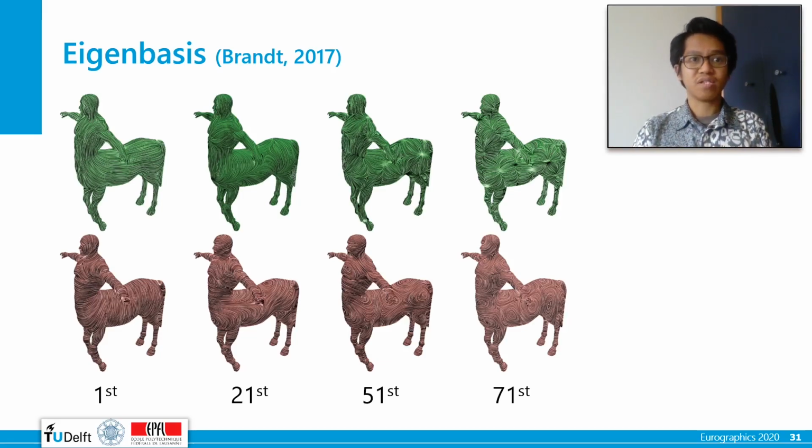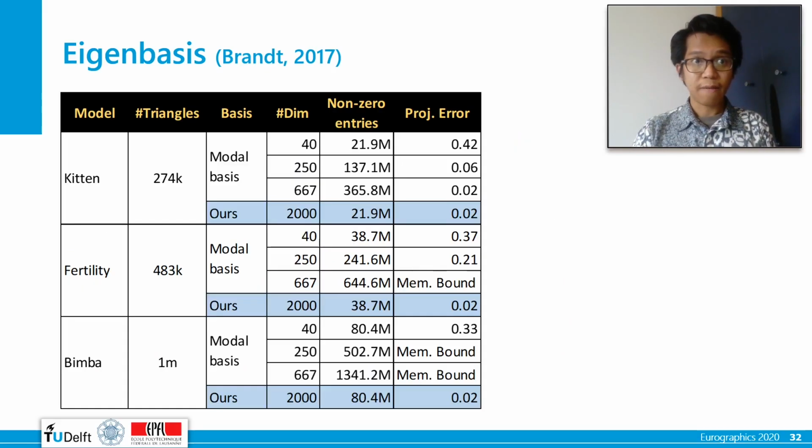And once they solve it, they use the eigenvectors as the basis for tangential field design and processing. Despite being powerful in approximating smooth fields, they require computing and storing dense eigenvectors of large models, and this limits the applications of the eigenbasis.